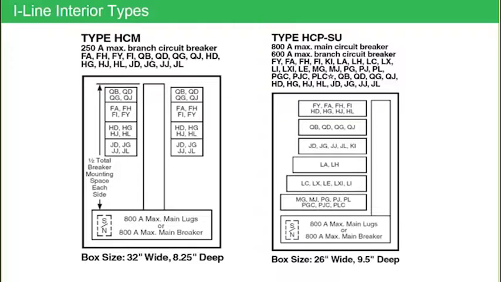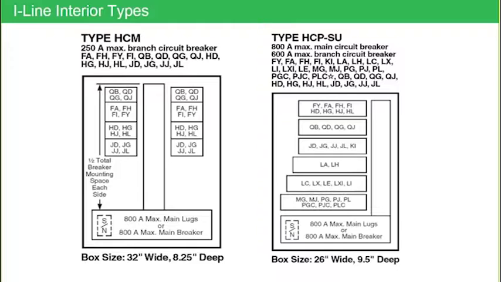If you go to the heart of the illustration, you see the vertical bus stack. That vertical bus stack is symmetrical. It's centered right in the middle of that illustration, the illustration being the entire panel board. If you look at the very top, the verbiage above the illustration says 250 amp max, and it lists all of the breaker frame types that you can put into that HCM panel, the J frame being the 250 amp max.